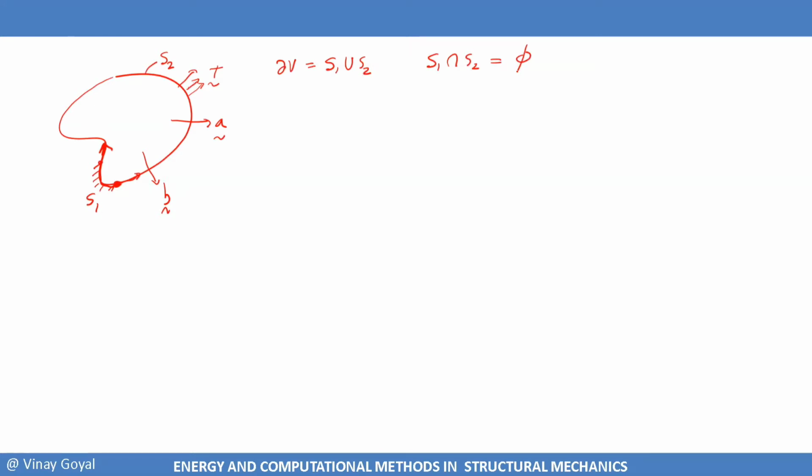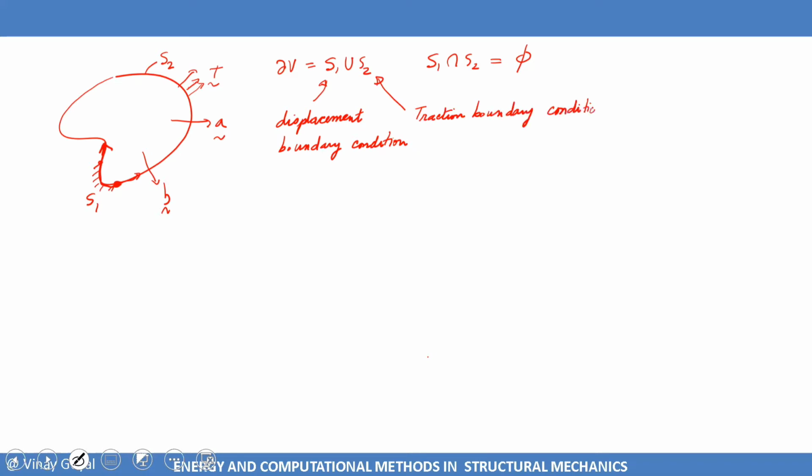We called S1 the displacement boundary condition, and I've called S2 the traction boundary condition, where loads are applied. And the body forces are applied at every point in the body, so it's not a surface boundary condition.